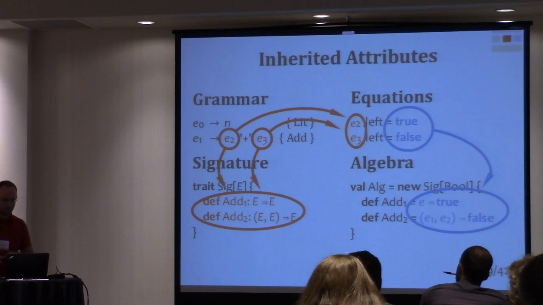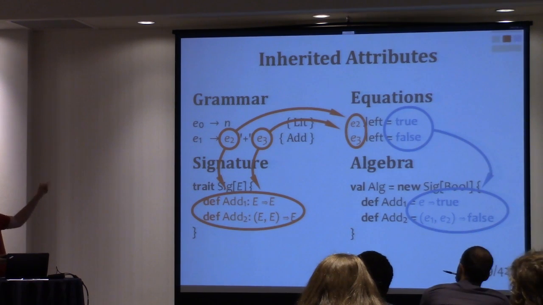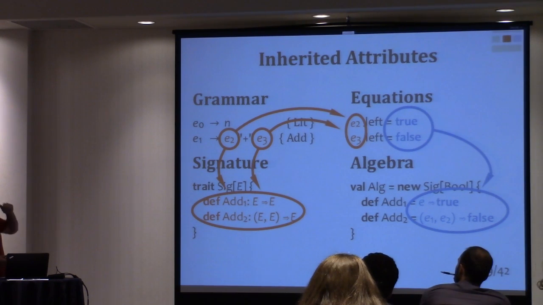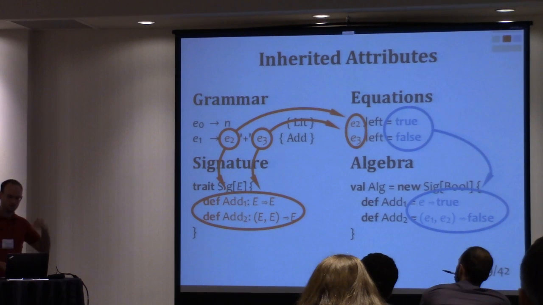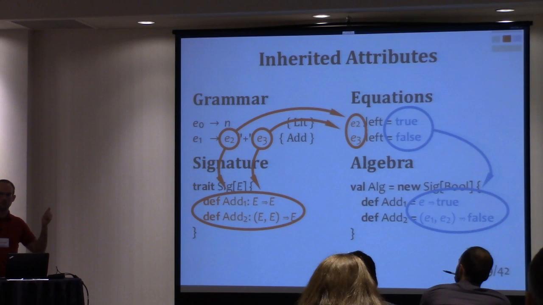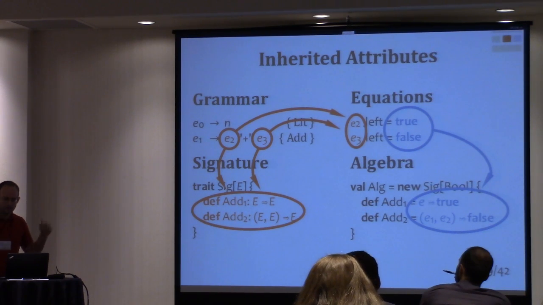And that means that add1 corresponds to the non-terminal E2. And at this point in the tree traversal, we have information about our context, and we don't have any information about anything else. So it's a function from E to E, and the E argument is the information we take from our context.